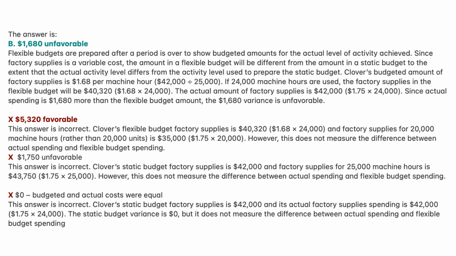If 24,000 machine hours are used, the factory supplies in the flexible budget will be $40,320, $1.68 times 24,000. The actual amount of factory supplies is $42,000, $1.75 times 24,000. Since actual spending is $1,680 more than the flexible budget amount, the $1,680 variance is unfavorable.